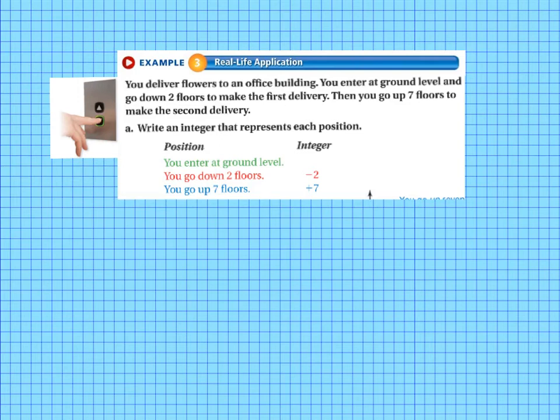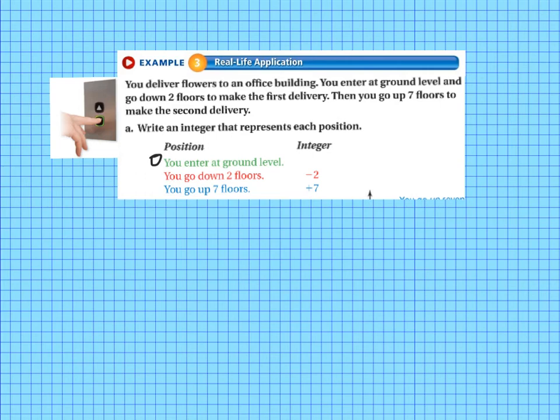Example 3a is our real-life application. You deliver flowers to an office building and you enter at the ground level and go down 2 floors to make the first delivery. Then you go up 7 floors to make the second delivery. So our first job is to write an integer that represents each position. So you enter at ground level. So we can think of that as 0.